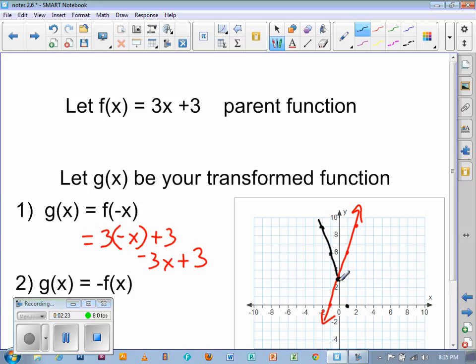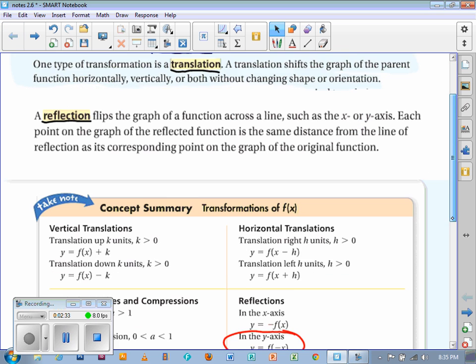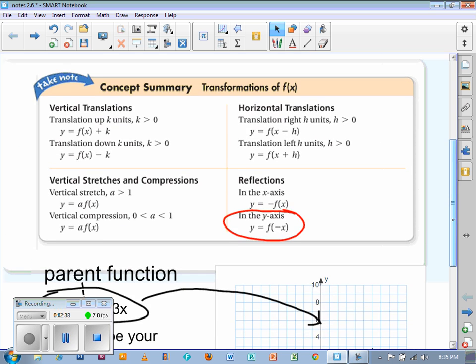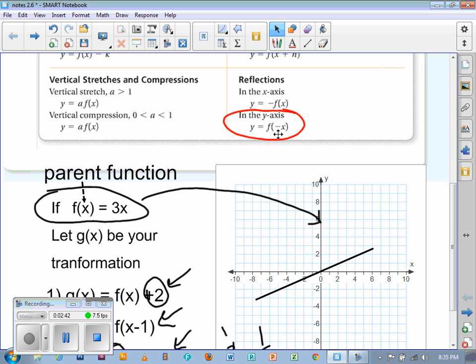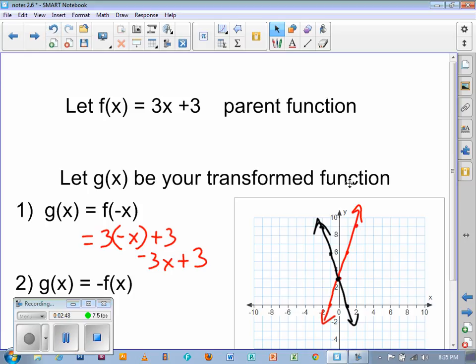Let's see if we've accomplished our goal of reflecting. Again, what kind of reflection is this? Basically, look back at your notes. Anytime you have a question, you can see what we said here. It's a reflection over the y-axis. I think we did accomplish that.